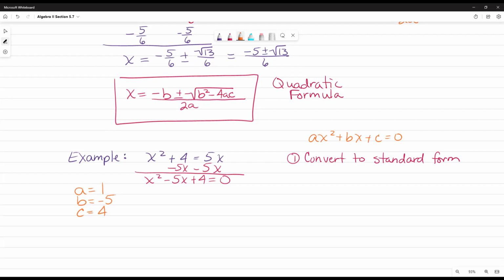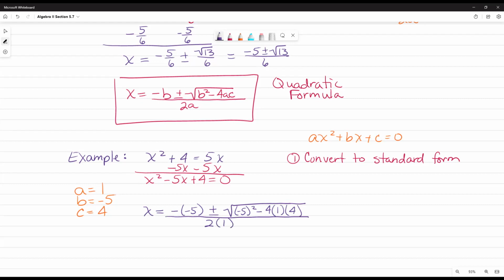So now we just plug that into the quadratic formula. So x equals negative 5, which we'll get to, plus or minus square root of negative 5 squared minus 4 times, yeah, AC, 4 times 1 times 4, over 2 times 1, divided by 2.